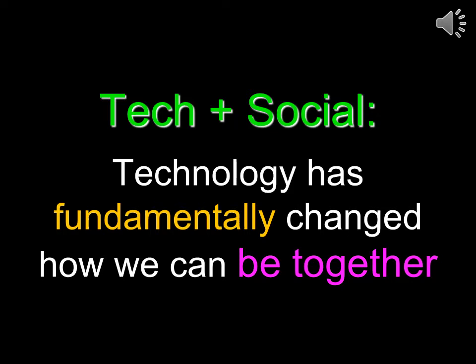What we noticed was that with the rise of internet-based tools, technology, combined with the social interactions of how people worked, designed, learned, played, got to know each other together, there was a fundamental change. So this combination of technology and social has fundamentally changed what it means to be and how we can be together. And we wanted to understand this better.